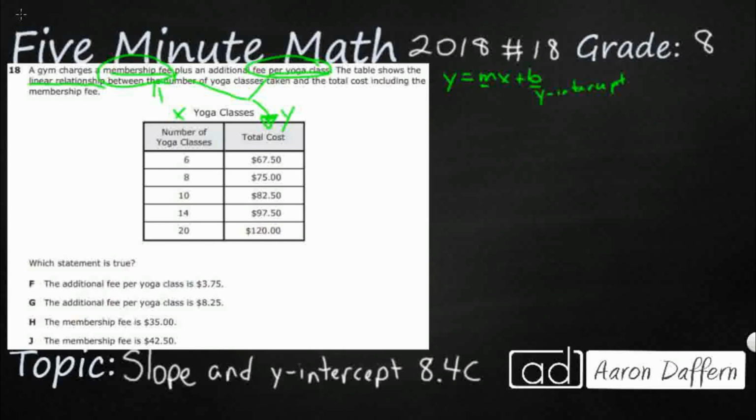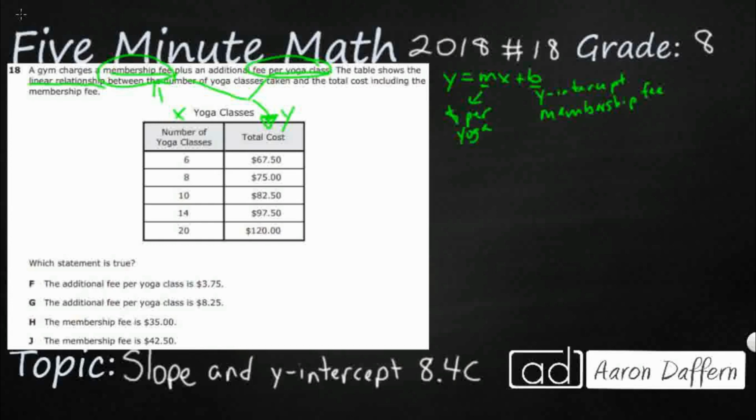My cost is going to be that membership fee. All right, so in this problem, if I've got 0 yoga classes, I still have to pay that membership fee. So that's my y-intercept. So then this slope here, right, this x is the number of yoga classes. This is going to be the cost per yoga class.